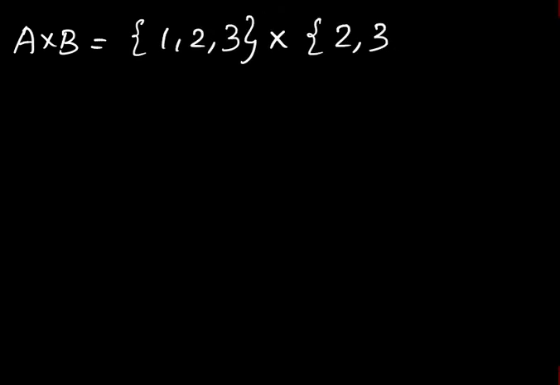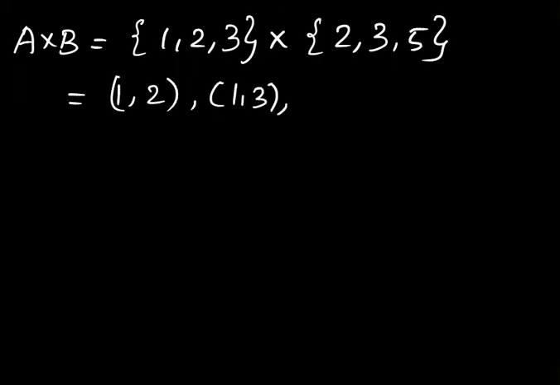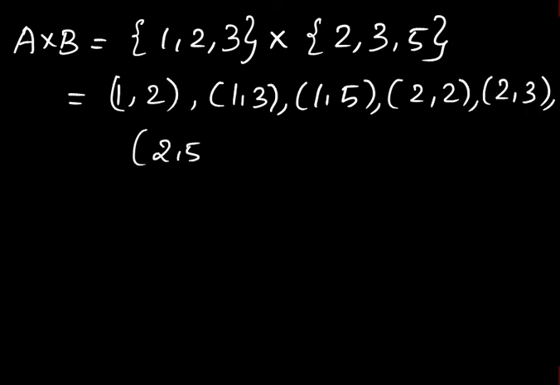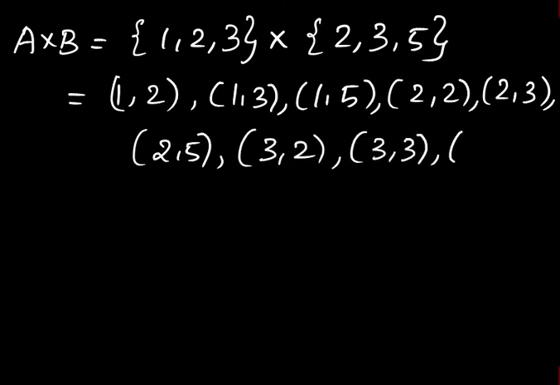So from RHS, first we need to find A cross B. Write A value cross B value, then write the ordered pairs. We'll get (1, 2), (1, 3), (1, 5), (2, 2), (2, 3), (2, 5), (3, 2), (3, 3), then (3, 5).